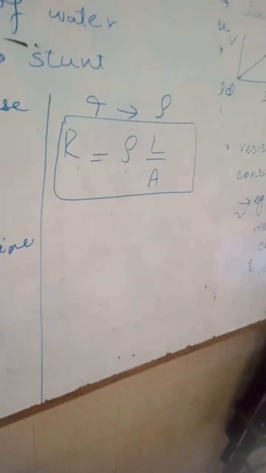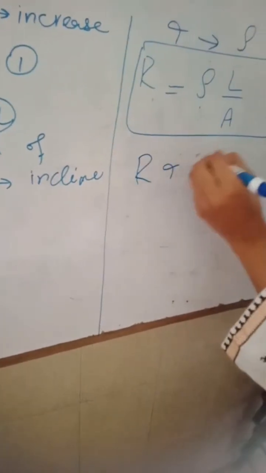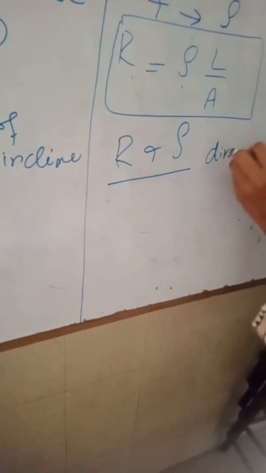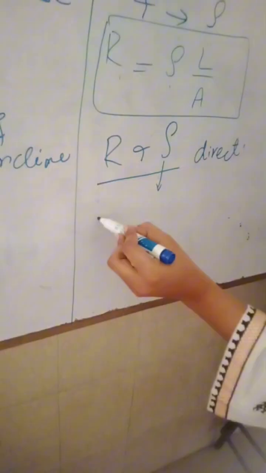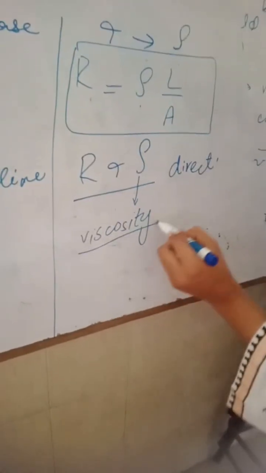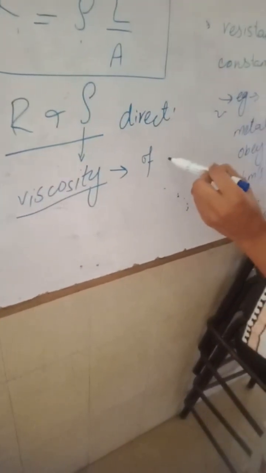If we talk about density and resistance, they also have a direct relation. We know that density represents viscosity, right? Viscosity of fluid or any liquid.